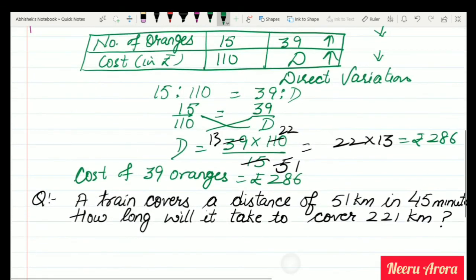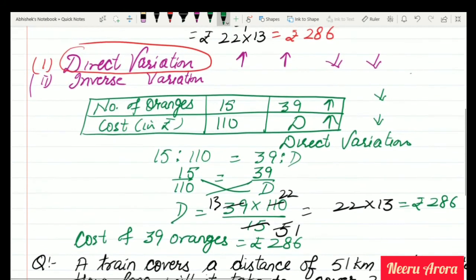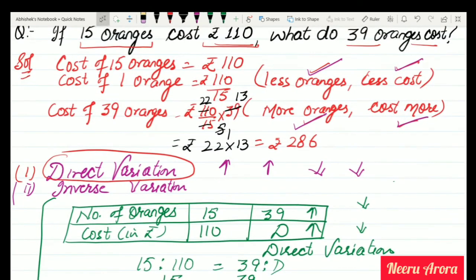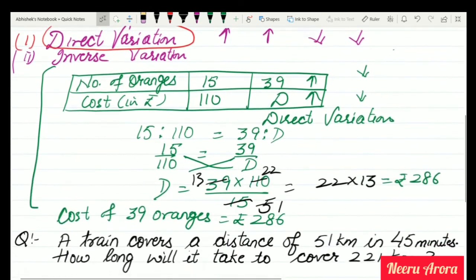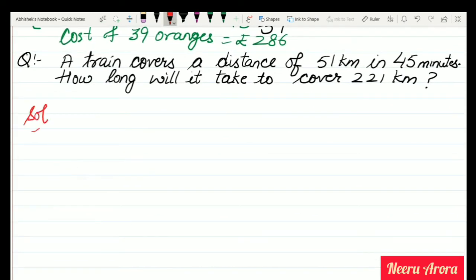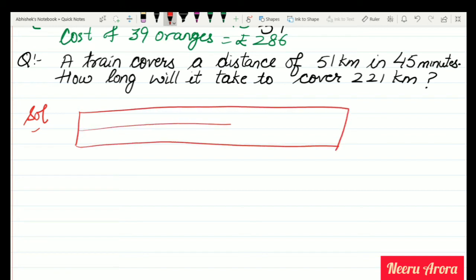I hope it is clear to you. So now onwards we will follow this method. You can do it with the help of the other method also, it's also easy. A train covers a distance of 51 km in 45 minutes. First, let's write what is given.